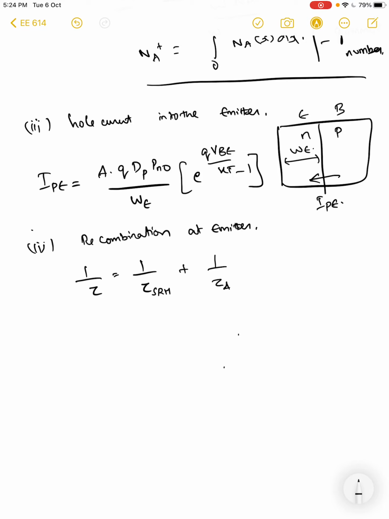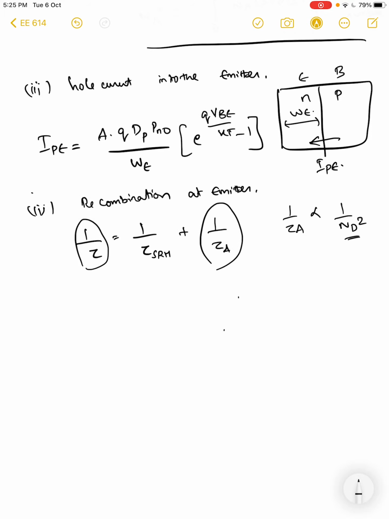So basically 1 by tau A is proportional to 1 by Nd square. Nd is the doping density, so higher the doping density, smaller is the lifetime. So basically you have much stronger Auger recombination. So the most dominant recombination in this particular heavily doped NP junction is the Auger recombination. So that is what will determine the actual recombination lifetime.